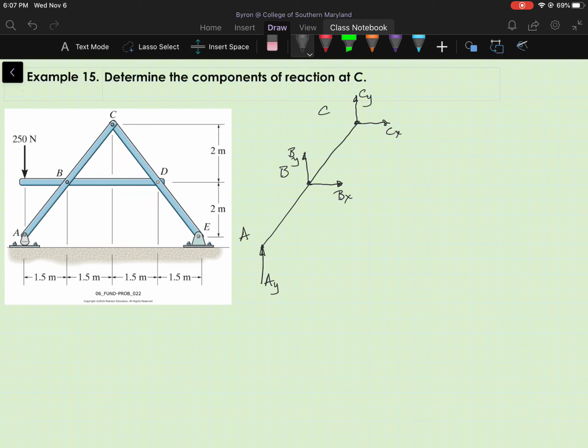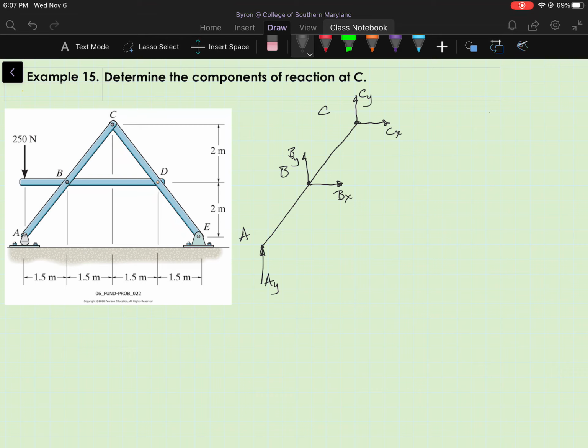So I look at this free body diagram. I'm working in 2D rigid body equilibrium. I have 5 unknowns: A sub y, B sub y, B sub x, C sub y, and C sub x. And I have 3 equations I can write. So I'm going to keep track of the unknowns and the equations up here.